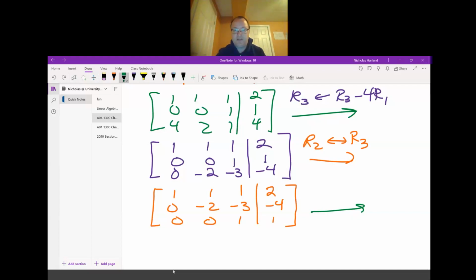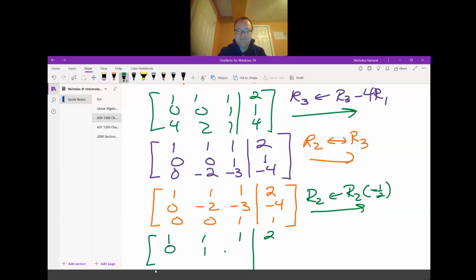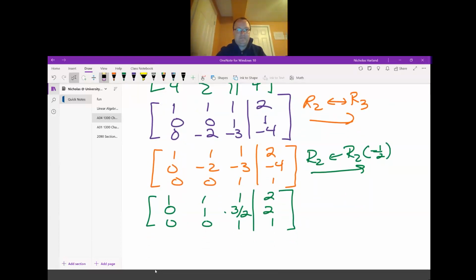Some other people are saying multiply by negative a half. Absolutely. We'll take row 2 and multiply it by negative a half. And yeah, that causes fractions. Live with it. Can't always avoid fractions.